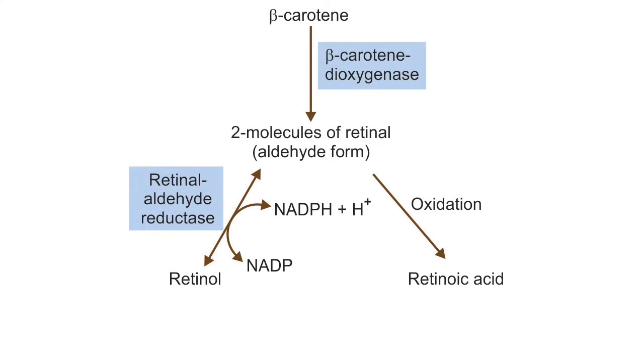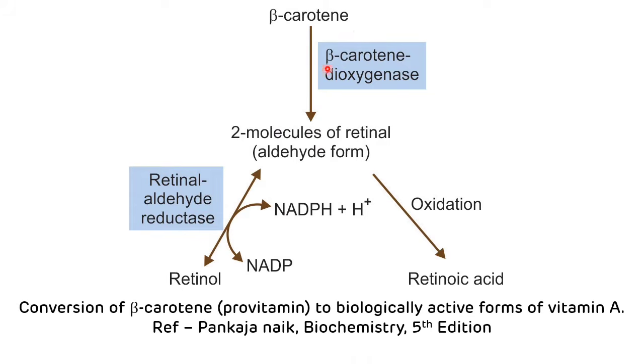This is the picture showing the conversion of provitamin A, that is beta carotene, into the active forms of vitamin A, that is retinol and retinoic acid. First, beta carotene is cleaved by the beta carotene dioxygenase enzyme into two molecules of retinal, which is the aldehyde form.